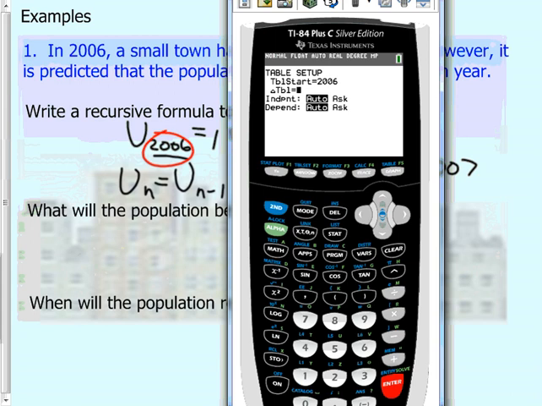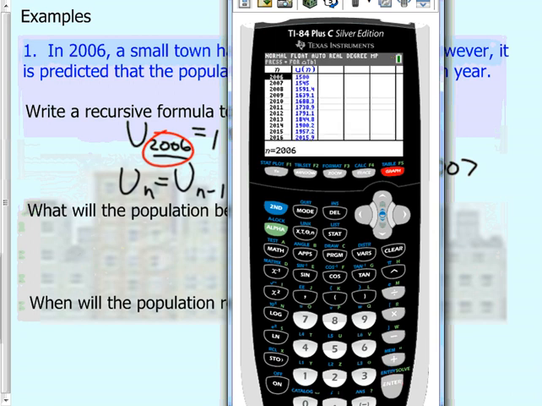So you go second window, that gets you the table settings. Okay, now I'm going to go to my table and see if it's making sense now. It is. 2006 is 1,500, just like I wanted. So then I can see in the year 2013, it's 1844 population.